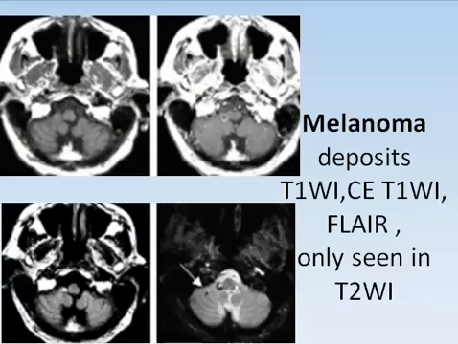Melanoma deposits are famous for hemorrhage, and at the same time they do not show anything on CT or MRI, but after contrast enhancement you might find some faint ring enhancement, and they are best seen in T2 weighted images as blooming effects due to hemorrhage.